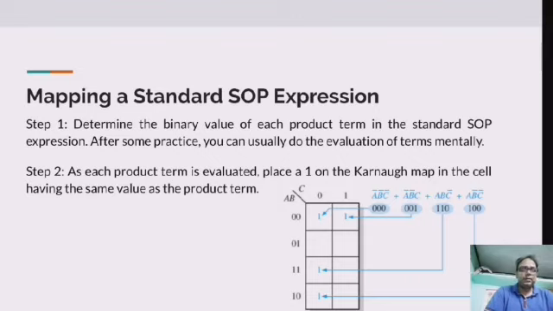On the other hand, if we have to map A, B, C bar, that is 110, we can see in the diagram here that it has been mapped at 110. So 11 is for AB and 0 is for C. Let us move ahead.